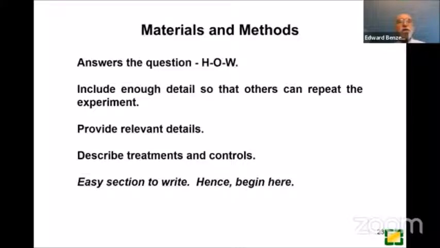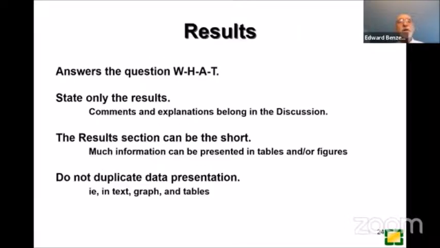The materials or methods section answers the question how. Include enough detail so that others can repeat the experiment, provide relevant details, describe treatment and control groups. And this is an easy section to write first, hence begin here when you're writing your manuscript.